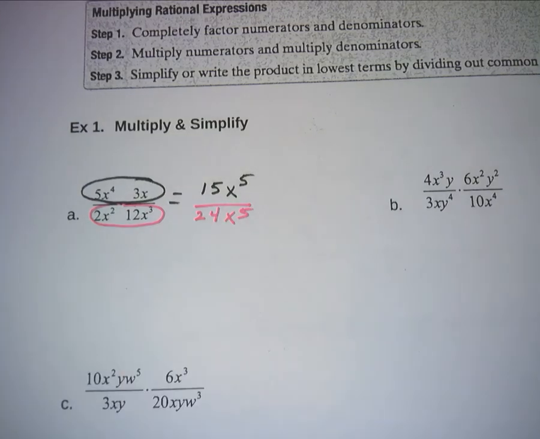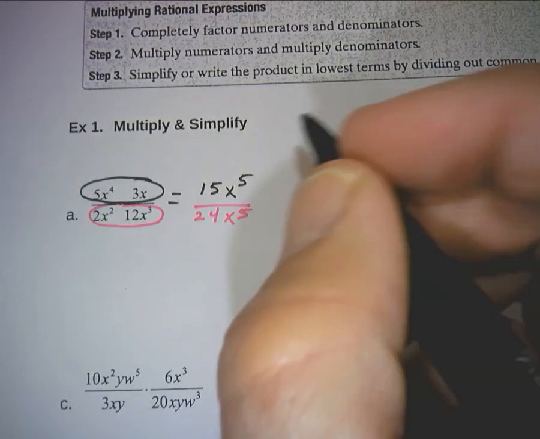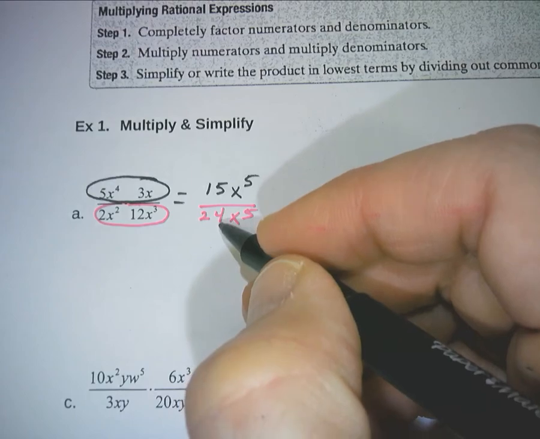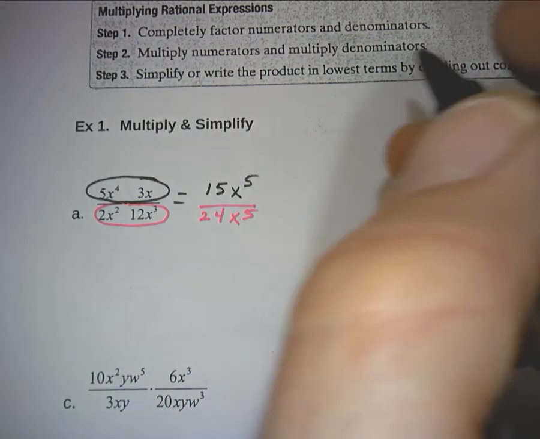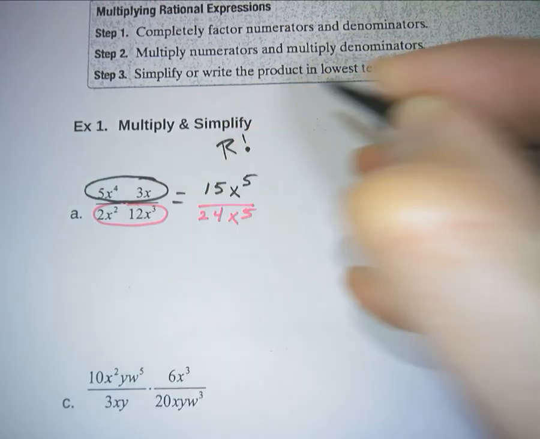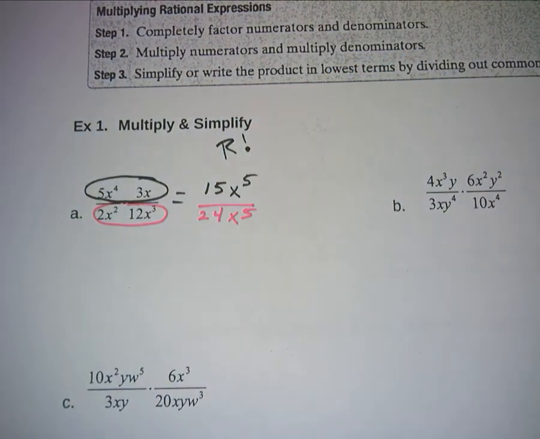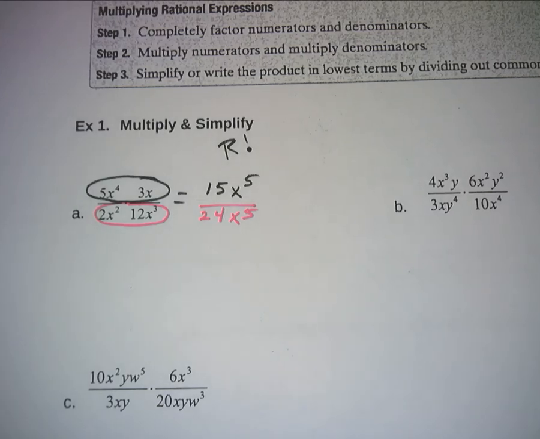Now we can look to reduce. We are multiplying these fractions, you multiply the tops and bottoms, and now we look to reduce 15 and 24. What do those guys have in common? What are they both reducible by? Give me fingers. Use your chat. Hopefully we can see this now.